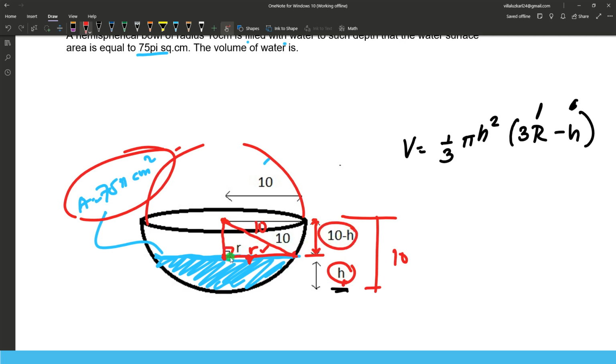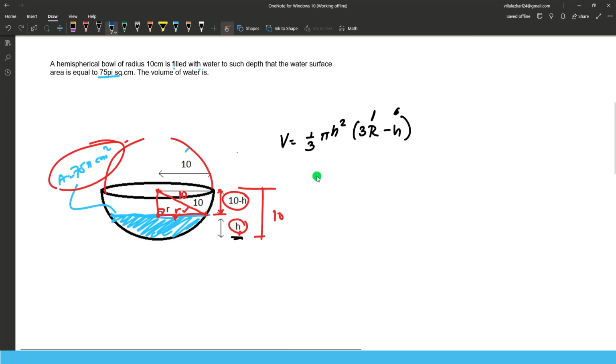Using this right triangle, we can compute h since all the dimensions can be determined. Focusing on that triangle, we have small r, 10, and 10 minus h.